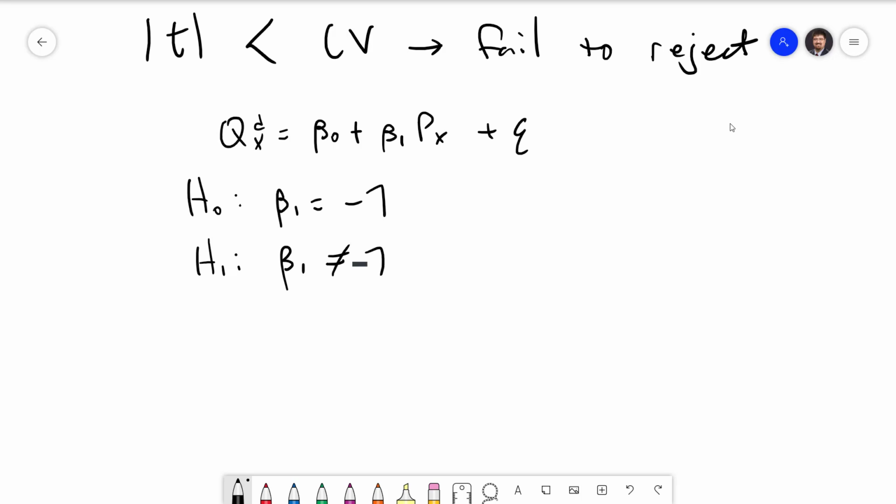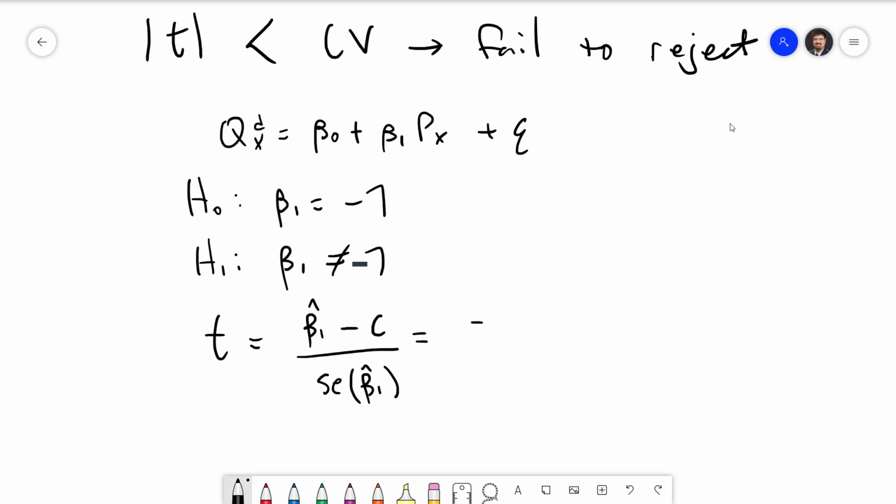The next step is to calculate the t-statistic. The t-statistic is going to be beta 1 hat, that's our estimate from the regression, minus c, divided by the standard error of beta 1 hat. Looking at our regression output that we got in Excel, I'm going to plug these numbers in.